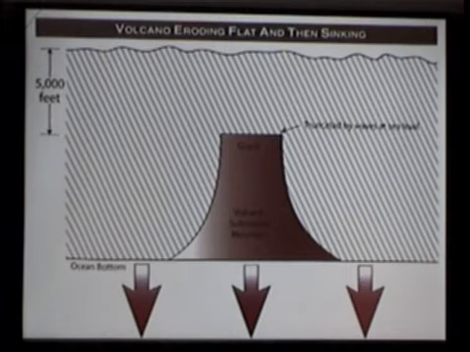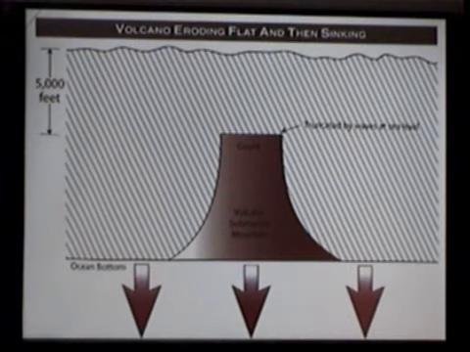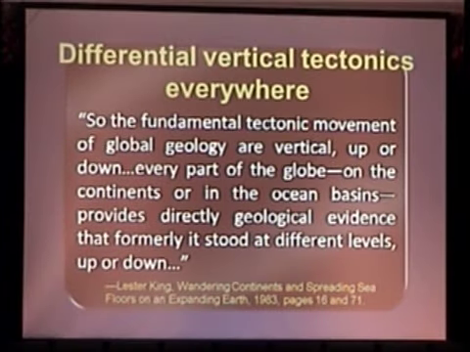But regardless, the average depth of a guyot now is 5,000 feet below sea level. Planed off near sea level, flattened by fast currents during the flood, and now the ocean basins have sunk an average of 5,000 feet. And this is admitted by a number of geomorphologists that say that this is evidence that the ocean basins have sunk. I think I have a quote.